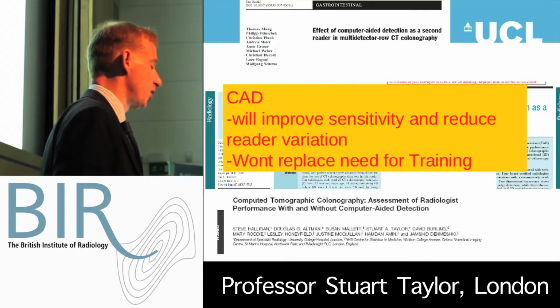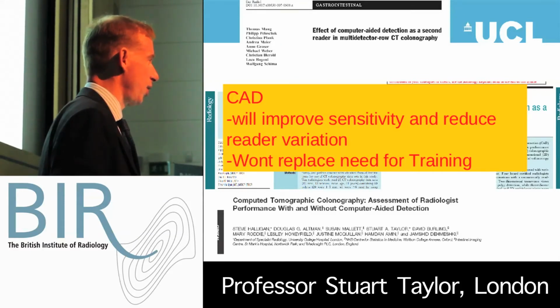So I think that's quite a good argument if you want to invest in your next CT upgrade. If you're trying to get a CAD product attached to your CT colonography software, the vendors might throw it in for you to make you buy their CT from them, or you might try and get in your business case for purchasing CT software some money for a CAD, because it does definitely improve your sensitivity.